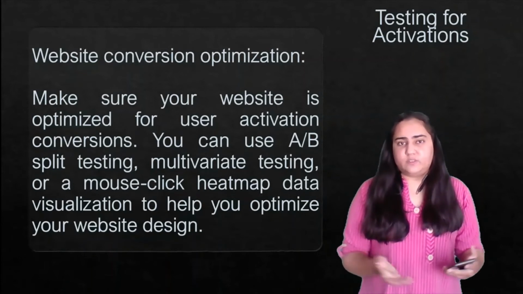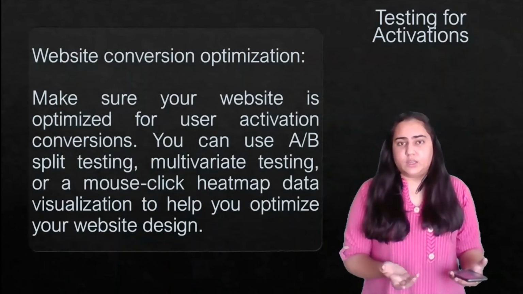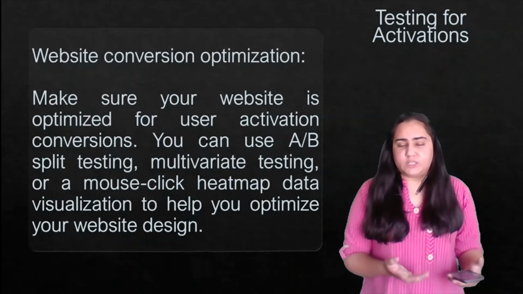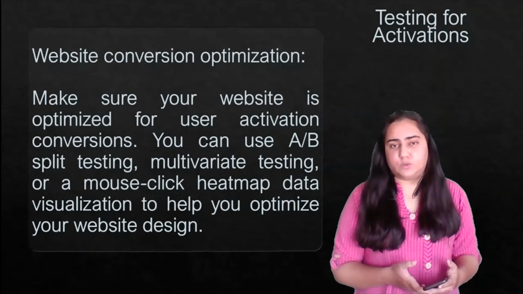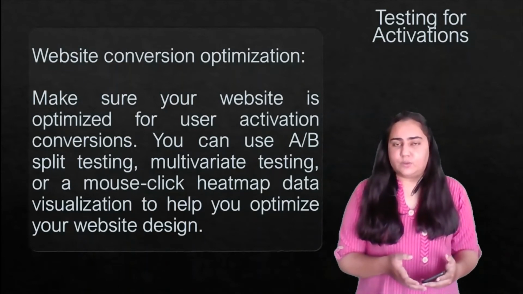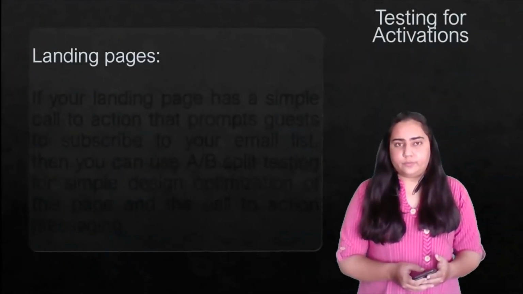This is one of the techniques, and you'd want to know if it is actually working. So you would perform A/B split testing and multivariate testing, as well as mouse click heat map visualization, to understand whether all these techniques you have applied are working or not.